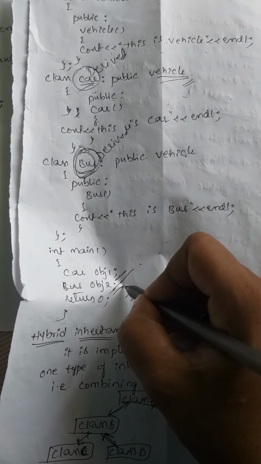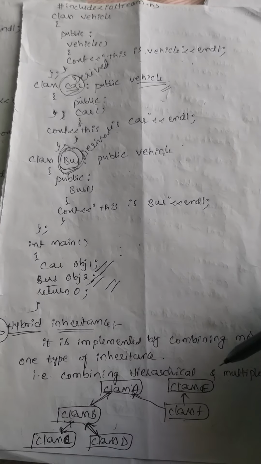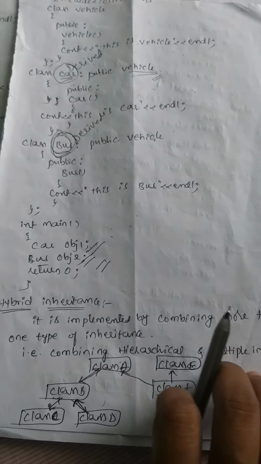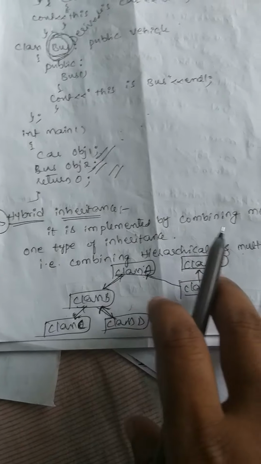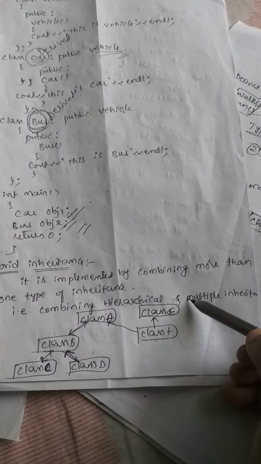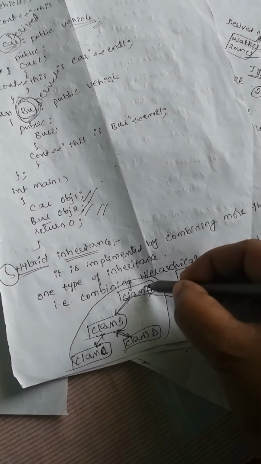In this case, it is a combination of hierarchical inheritance and multiple inheritance. Hierarchical means we have only one base class and a number of derived classes.